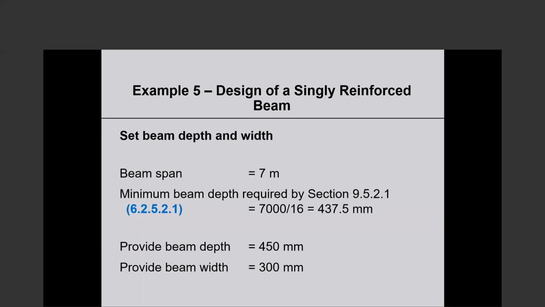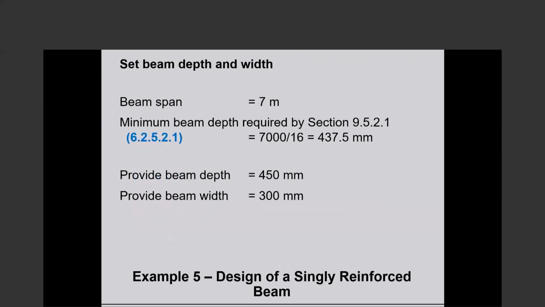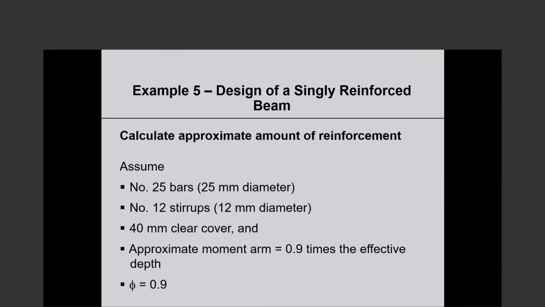We are going to provide 450, 437.5 or more. We are going to provide 450. The width is entirely up to us. We have said 300, that's two-thirds of the 450. And we do something like that. Yeah, there is no hard and fast rule.